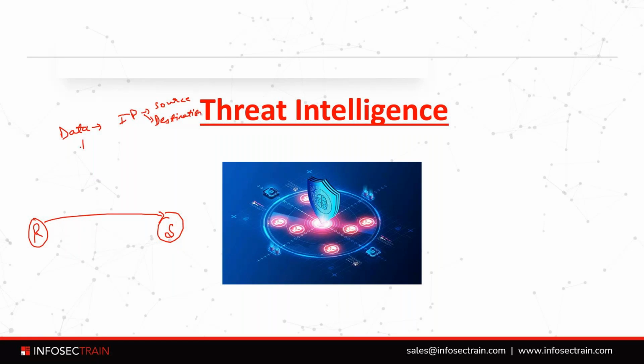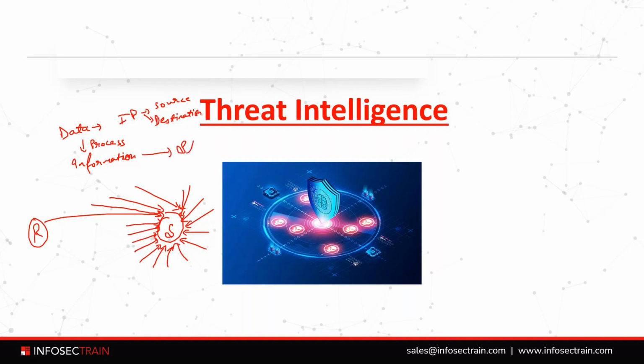But when we process it, because we had no context over here, we get the information. We get to know that yes, indeed it is getting connection requests, but it is getting multiple connection requests from different places, different IPs, which is making this server feel a bit stressed, and its performance is gradually decreasing.